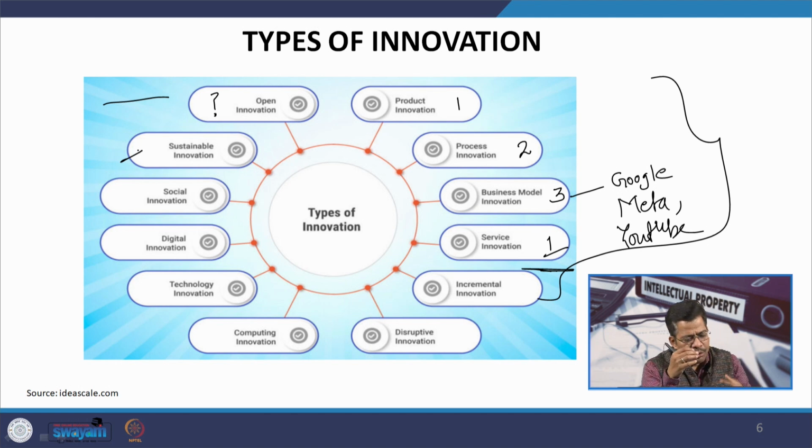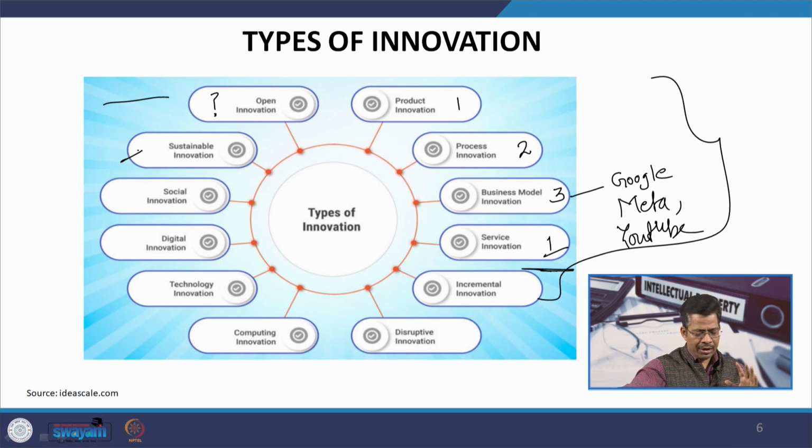Now, how can I do some innovative solution which can attract more children to school? And here, for example, I can put the midday meal scheme, that can be an example of social innovation, so that these children, for the sake of lunch and breakfast, come to school. So, that is social innovation.